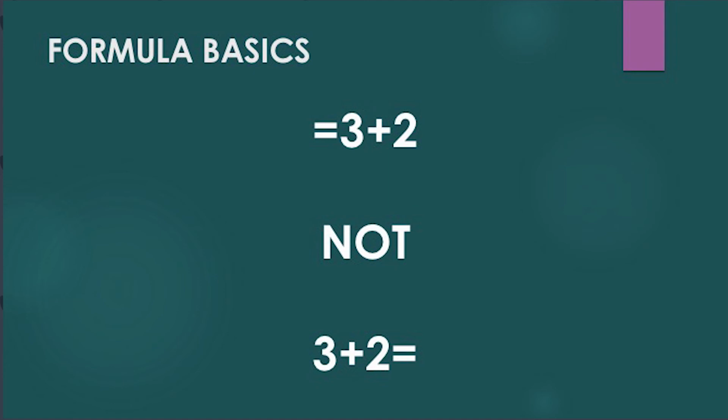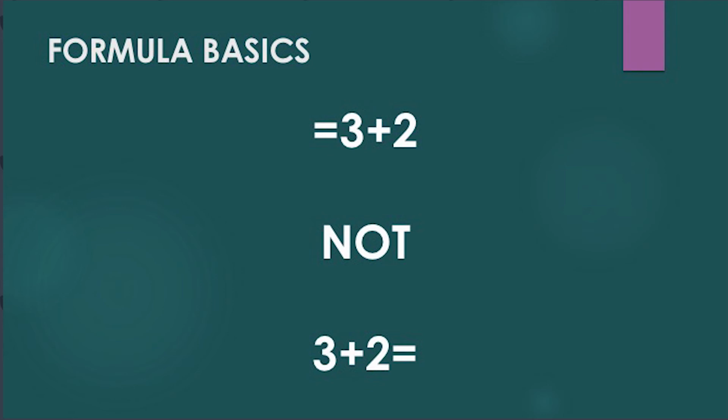In Excel, what that equal sign does is it says, do whatever comes next, do whatever follows. It's that equal sign that creates the really big difference between equals 3 plus 2 and 3 plus 2 equals. If you put 3 plus 2 equals into Excel, you won't actually get a result. It'll just say 3 plus 2 equals and nothing else will happen.